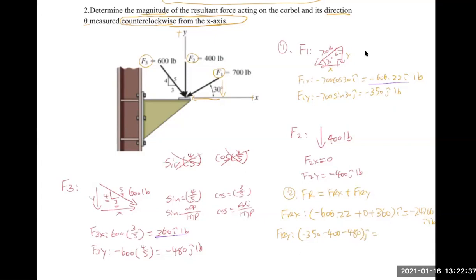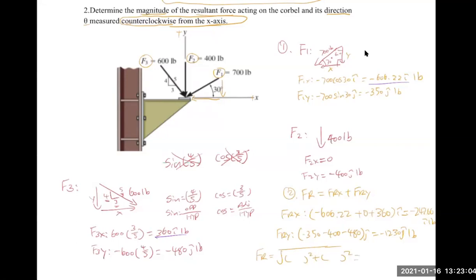That's going to be equal to negative 1,230 j hat pound force. And then after we find out what Frx and Fry are, we can find the resultant by simply squaring them and taking the square root of them.